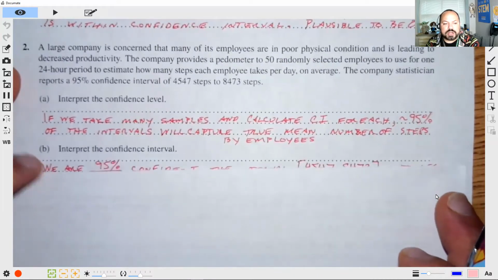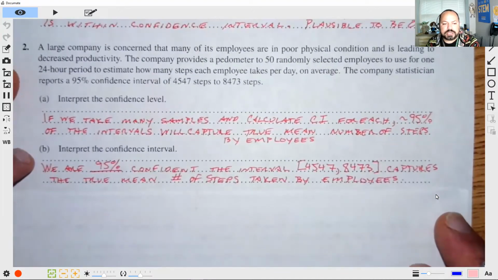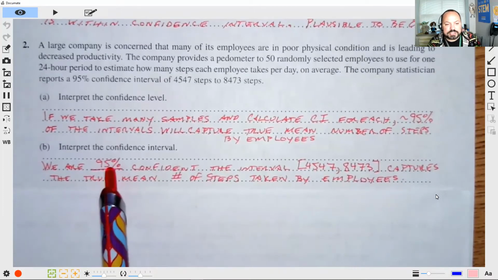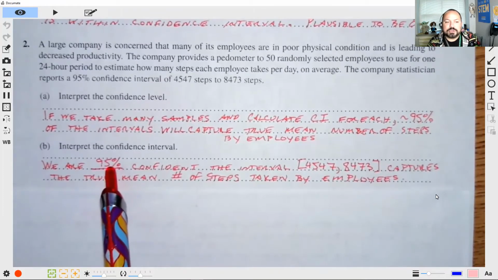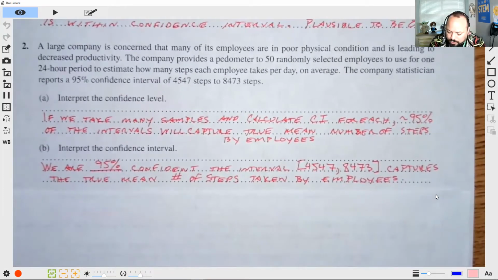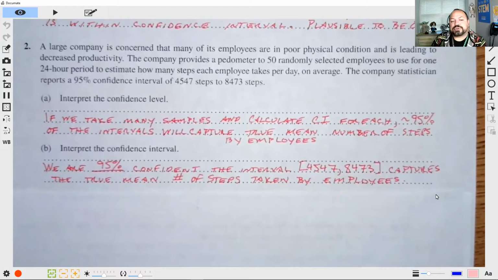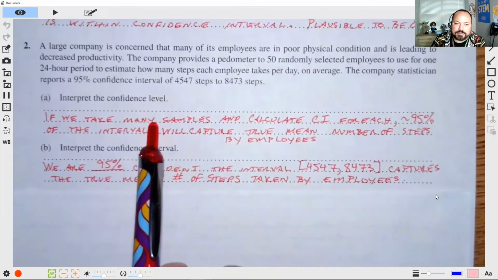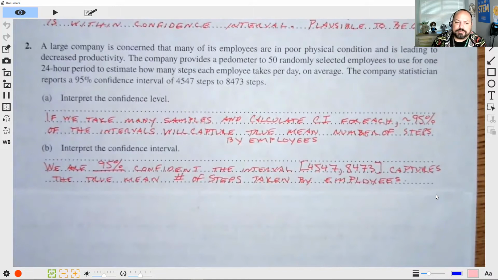For interpreting the confidence interval, what we would say is we are whatever the confidence level is, in this case 95%. So we are 95% confident that the interval, and we provide the interval, captures the true mean number of steps taken by employees. This is going to be the format for interpreting the interval, and that is the format for interpreting the level.